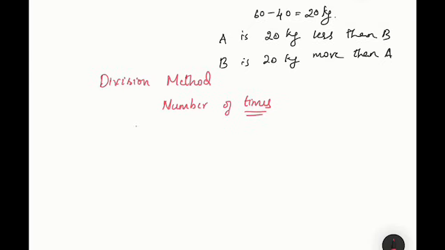For example, let a father's age be 40. Son's age be 10. So how can I compare them? In this case I am using division method.